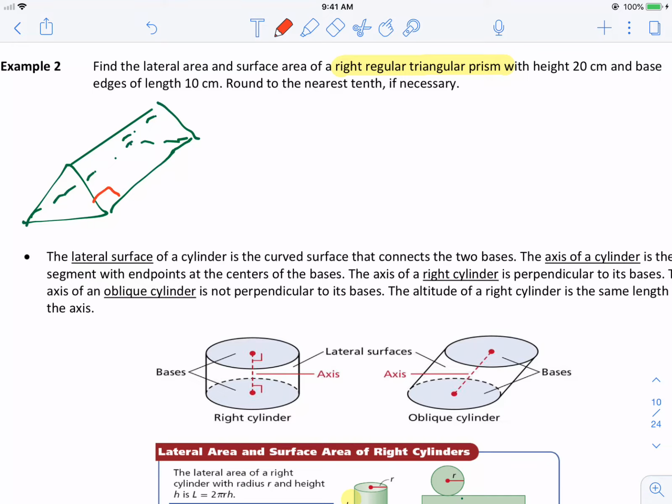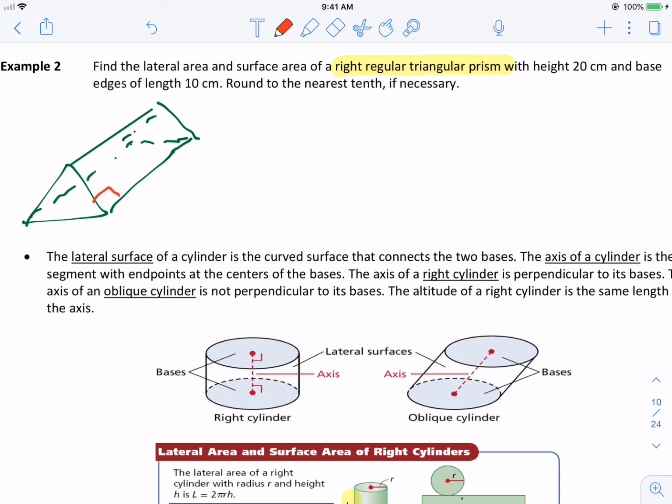That description about it being a triangular prism, we know that the bases are the triangles and the lateral faces are going to be those rectangles. In this case, they're on the sides and the bases are in the front and the back. They are regular triangular bases. So another word for regular triangle is an equilateral triangle.